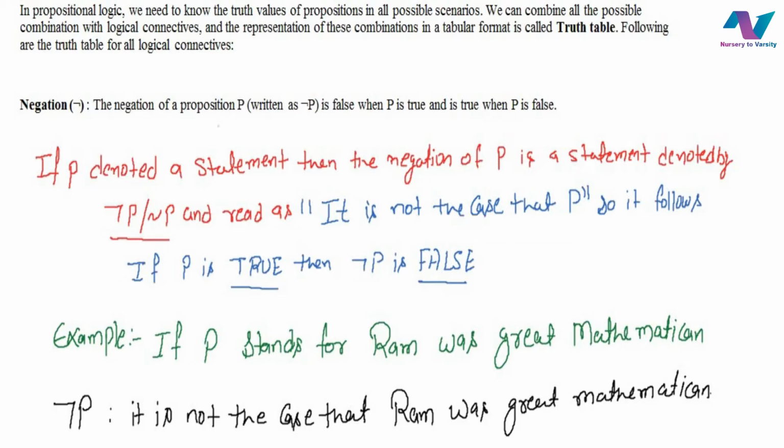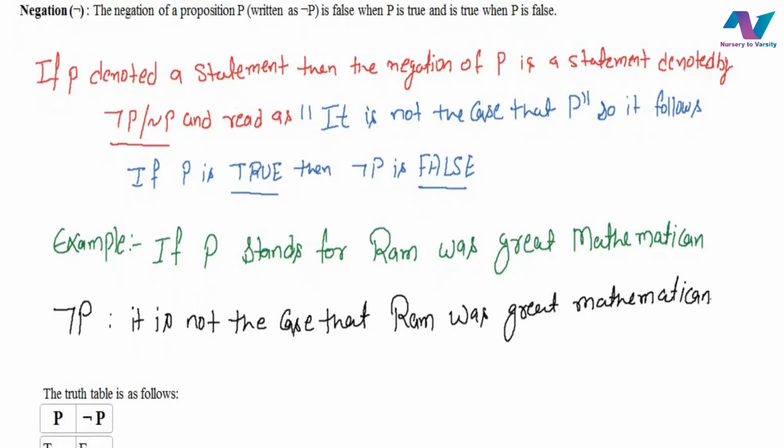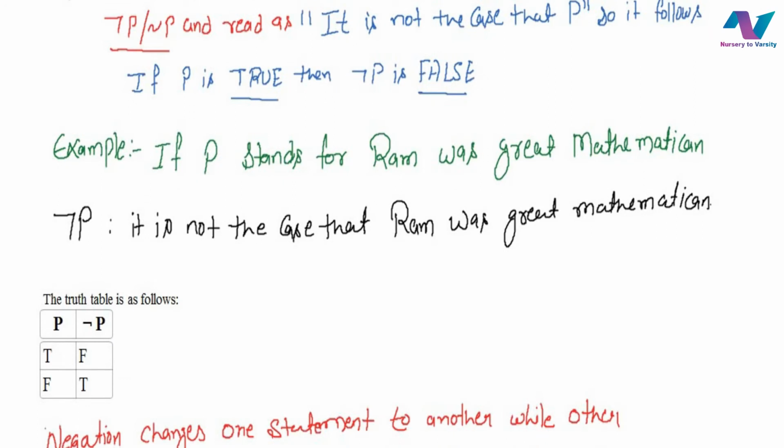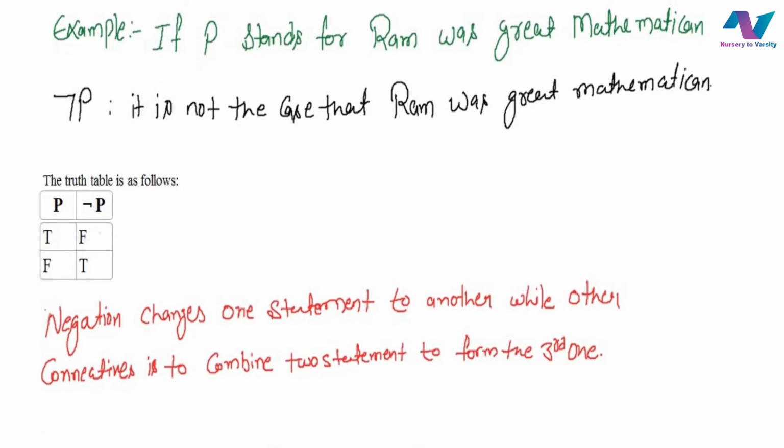It follows that if P is true, then the negation of P is false, and if the negation of P is true, then P is false. Here is one example: if P stands for "Ram was a great mathematician", then the negation of P is "it is not the case that Ram was a great mathematician", and here is the truth table for that particular negation.